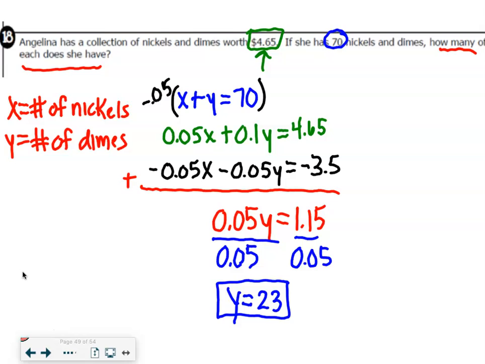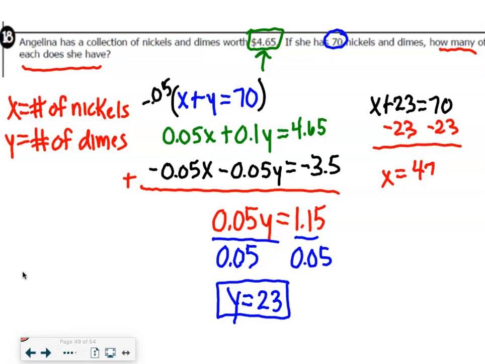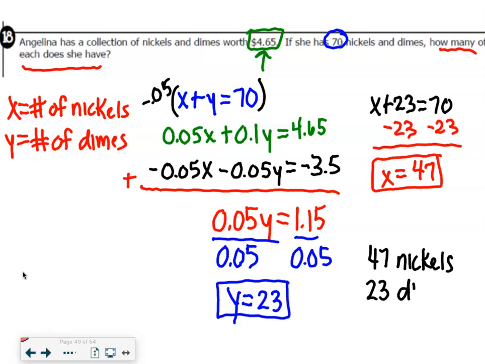So if I plug in x plus 23 equals 70, subtract over our 23, x equals 47. So again, we have a word problem, so let's use some words to describe our answer. We have 47 nickels and 23 dimes.